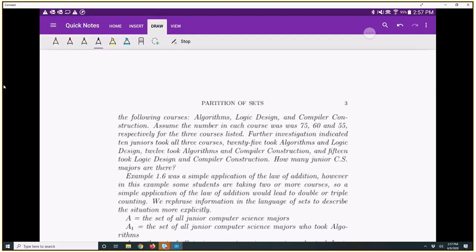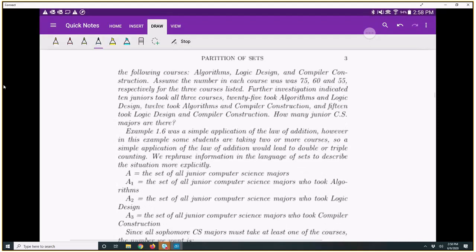But after further investigation, if we knew that 10 juniors took all three courses, 25 took algorithms with logic design, 12 took algorithms with compiler construction, and 15 took logic design with compiler construction, then we could determine the number of computer science majors.